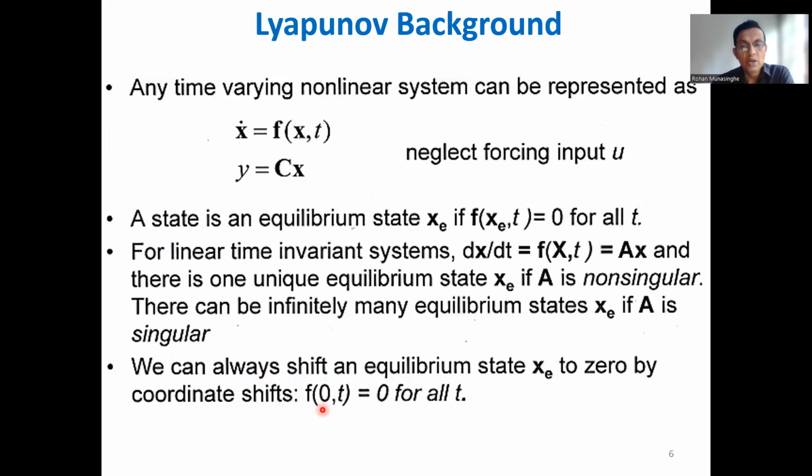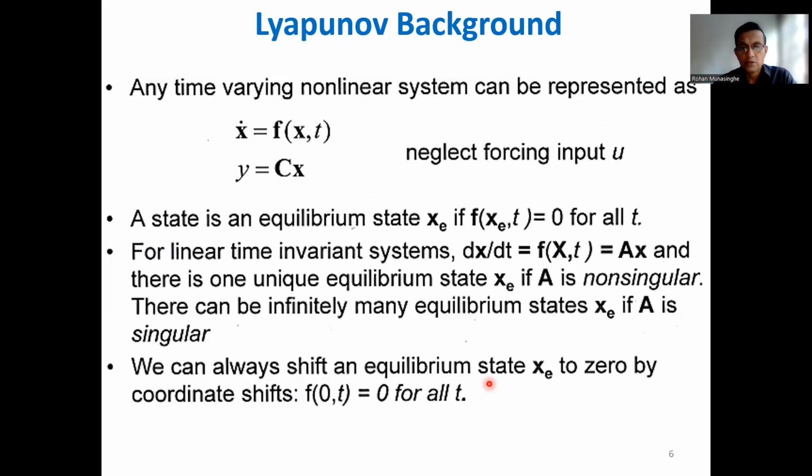The other thing to keep in mind is that the equilibrium state x_E can be anywhere. As in the previous example, a vehicle moving and stopping 1 kilometer away: if you put your zero at that point, you don't have to say 1 kilometer. You deduct 1 kilometer from your distance variable and redefine your distance from that point onwards. Then at that point, velocity is zero, acceleration is zero, and position is also zero.